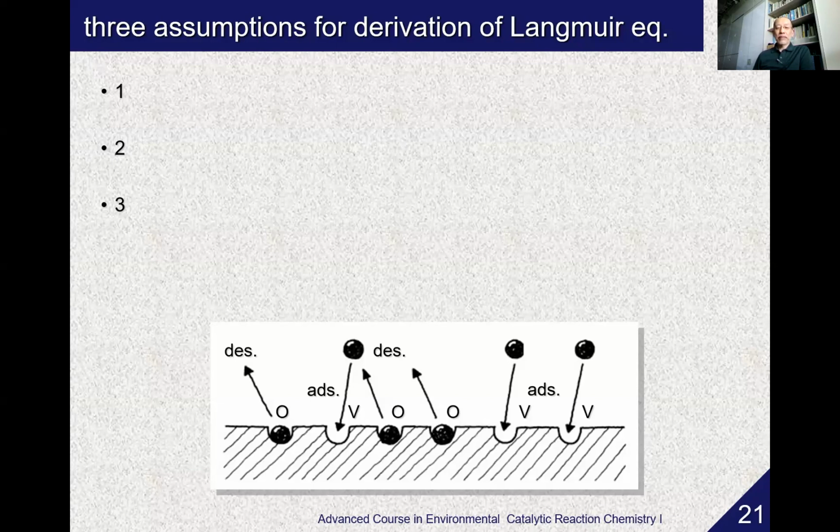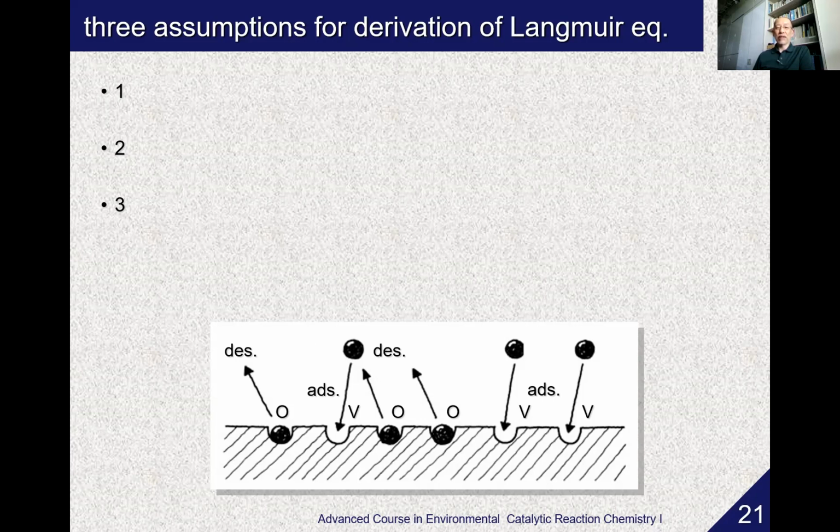The important point, the basic concept of adsorption, is that there are sites for adsorption. That is just imaginary, not real. There is no need for such a site to really exist, but it is possible to assume there are sites for adsorption, and those sites can adsorb something.